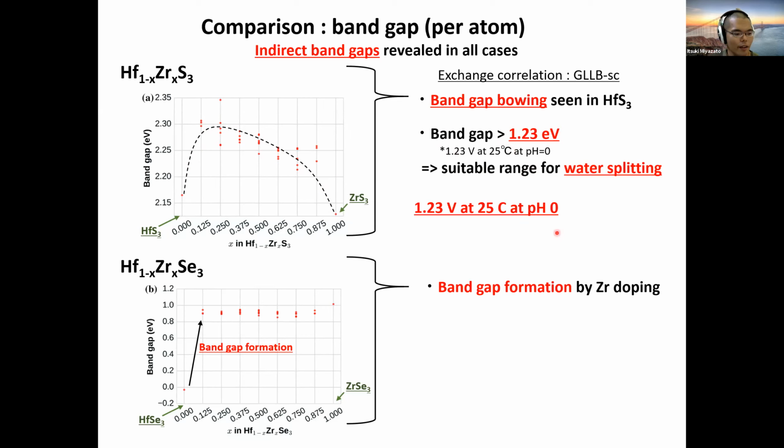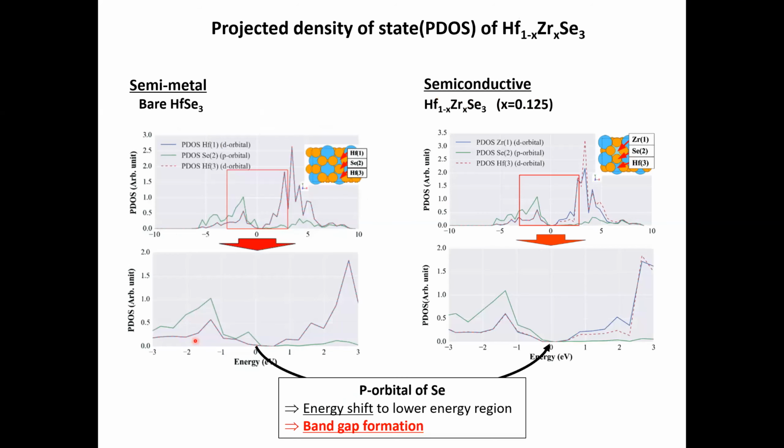On the other hand, in HfSe3 cases, you can see band gap formation if zirconium is doped. The reason for the band gap formation of HfSe3 can be explained by the shift of the p orbital of the constituent Se atom.